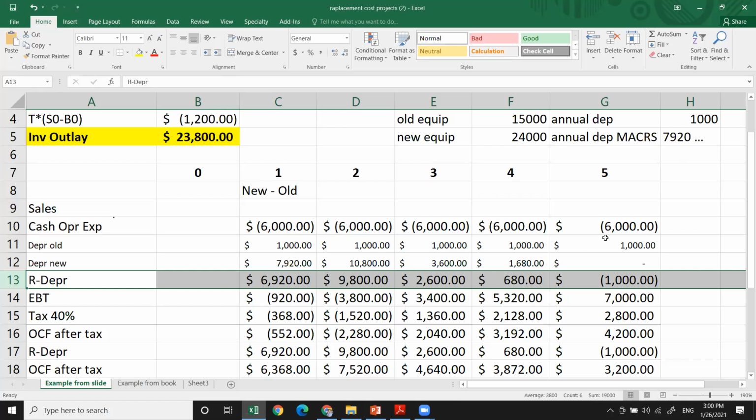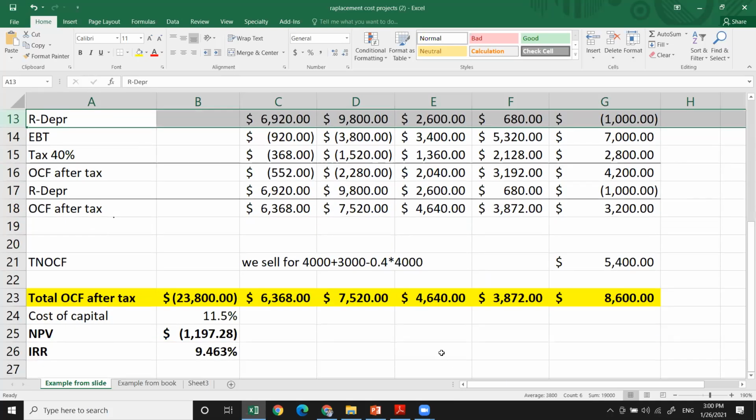Why do we need terminal value of cash flows? It should be included in the cash flow projection, because at the end of the year, you're selling everything. And the money that you receive, you are adding to the estimation of the NPV, because you receive this money, but this money is not coming from operation.